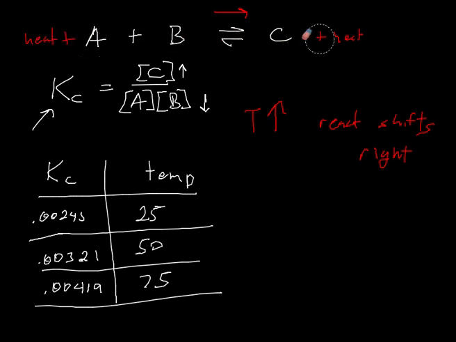It's going to shift to the right to move away from the heat. And so this reaction happens to be an endothermic reaction because it consumes heat. As the temperature goes up, it consumes that heat and shifts the equilibrium to the right, and therefore the value of Kc is increasing.